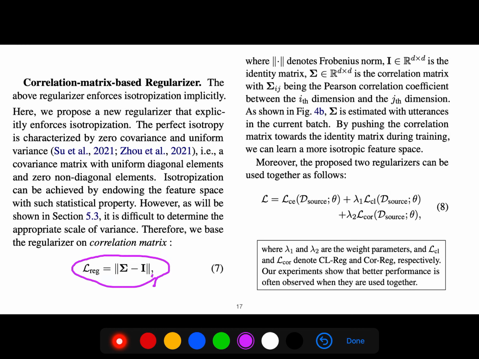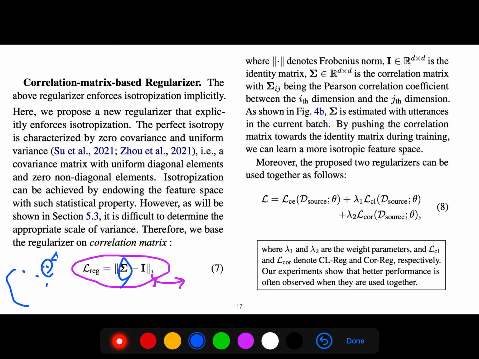It's just a Frobenius norm, and I is the identity matrix, and sigma is the correlation matrix, whose entries are Pearson correlations.